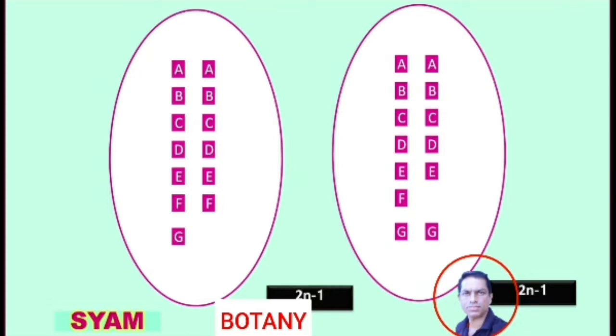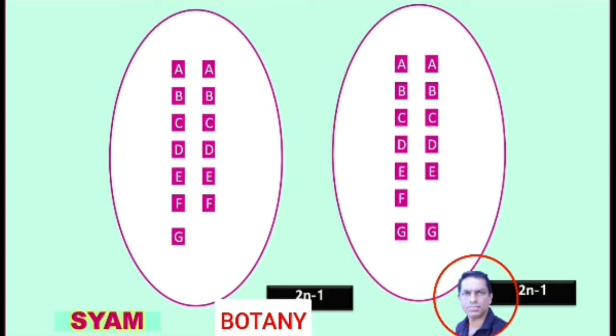In the diploid organism, two genomes are present. Genome means the basic set of chromosomes. One genome came from the maternal side, one genome from the paternal side. That means a pair of homologous chromosomes are present.